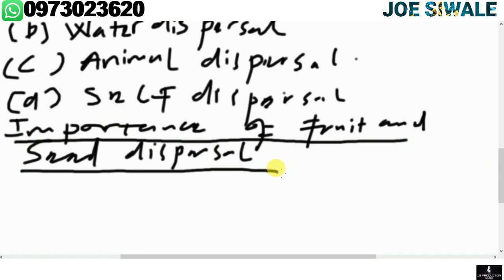So the first importance of fruit and seed dispersal is that this can make the seeds explore new environments, and these new environments can be fertile.